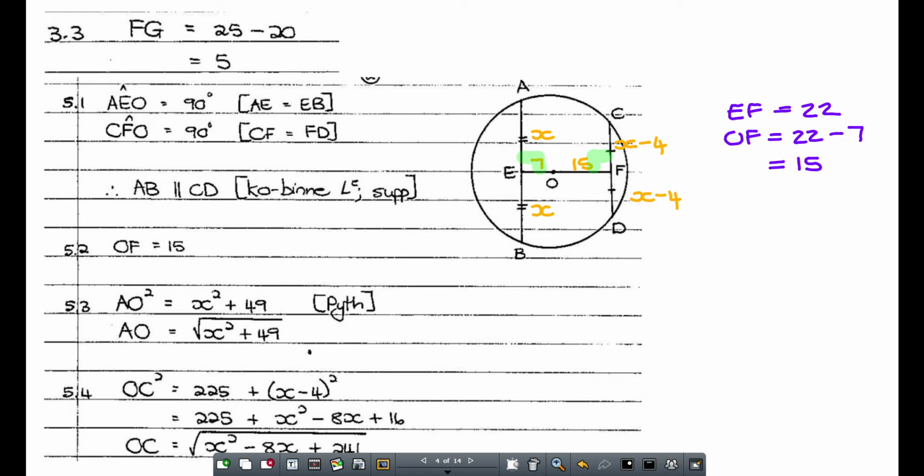Co-binnehoeke. Onthou julle nog van co-binnehoeke? Okay. Right, so if I use this line and this one, because that was 90 and this was 90, it means it's co-interior angles.